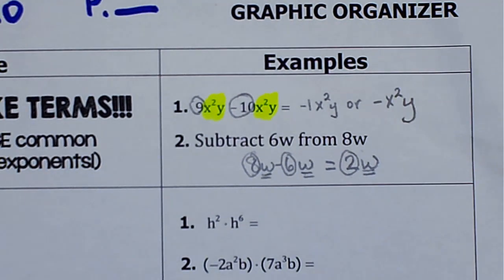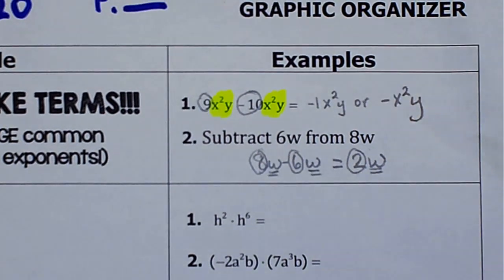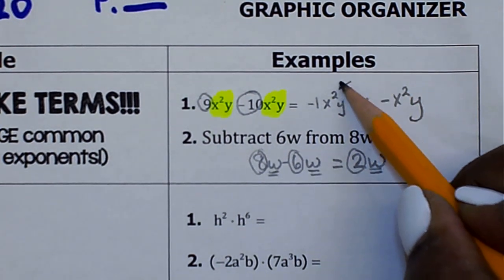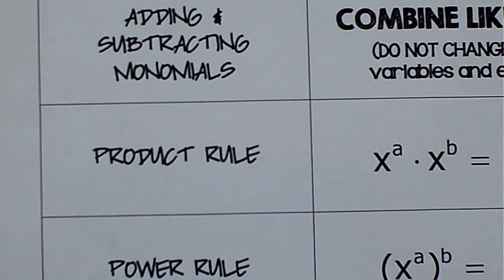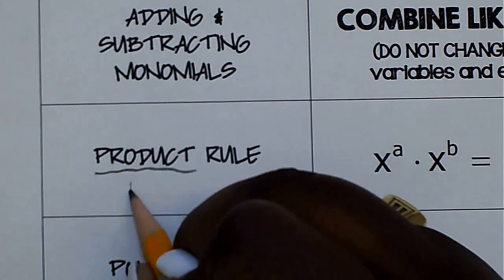Now let's go to exponent rules. When we talk about exponents, we're talking about the number here. So the first one we're going to do is called the product rule. The word product means to multiply.